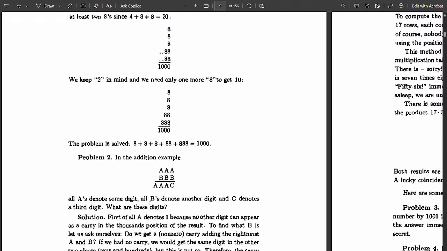Like this, we are going to get a group of numbers which will be valid if put in the places of ABC. I can't find it.